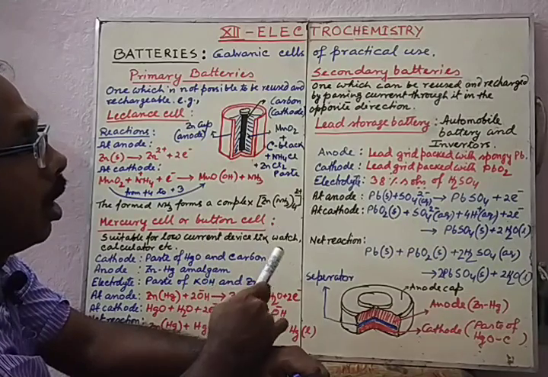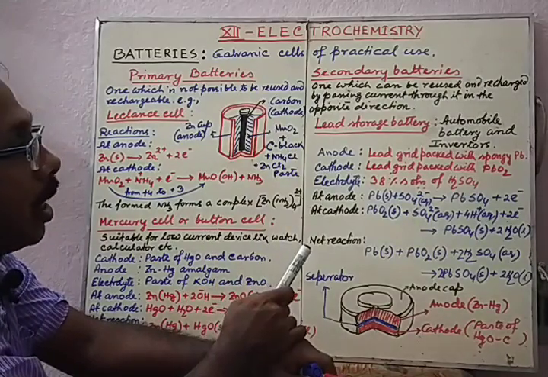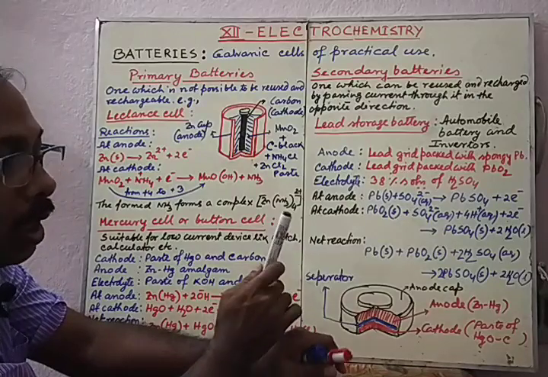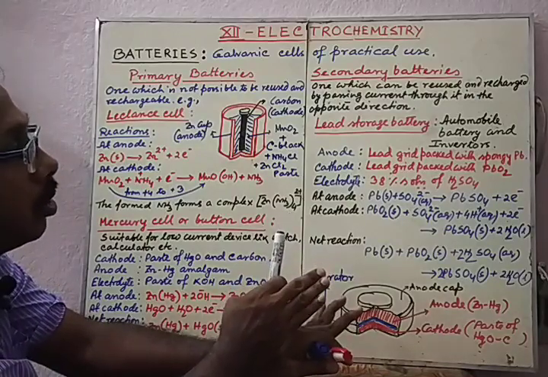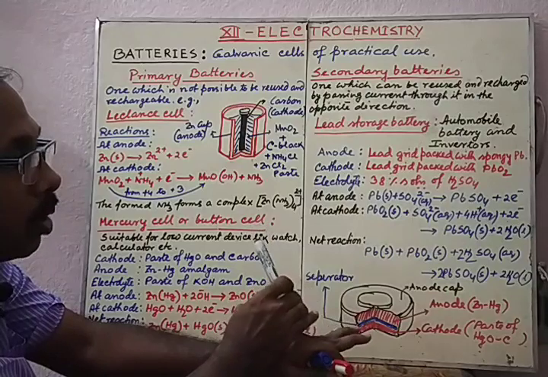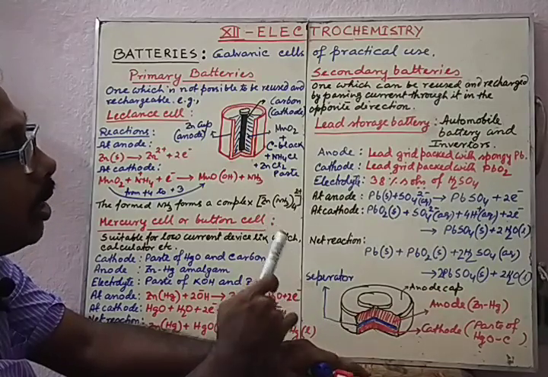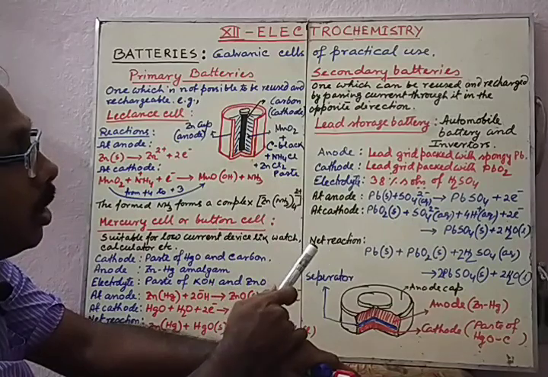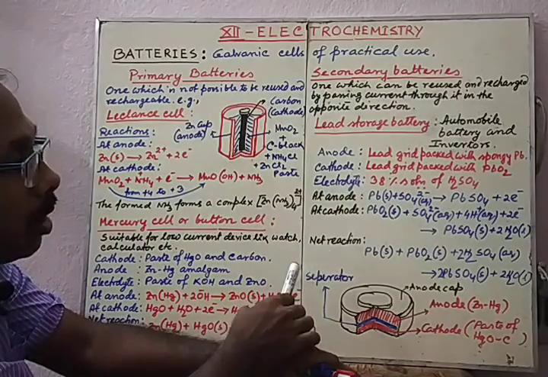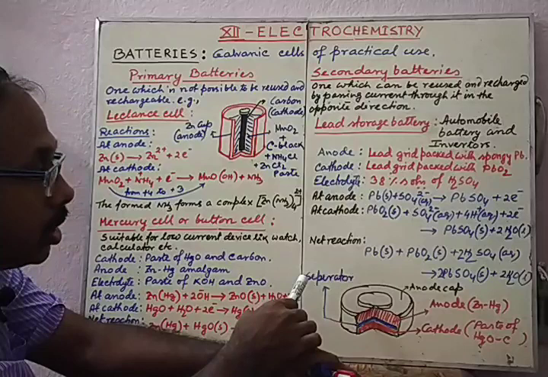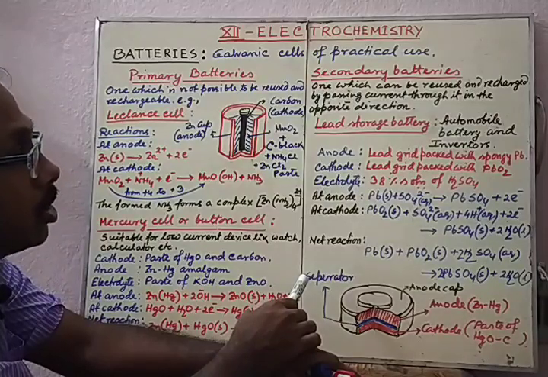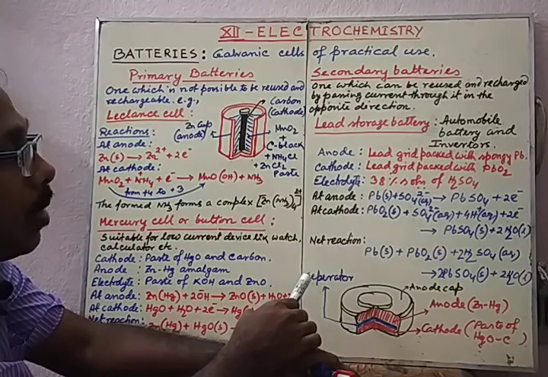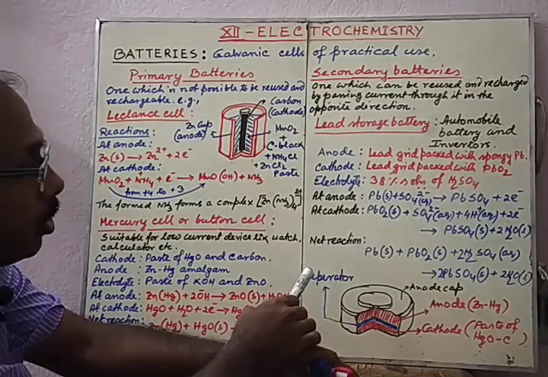That means the battery provides current due to a chemical reaction, but in this kind of battery, if we pass current from outside, then the reaction can be reversed. The chemical reaction that is taking place in the battery can be reversed, and therefore it is recharged. Our mobile battery is a secondary battery also.